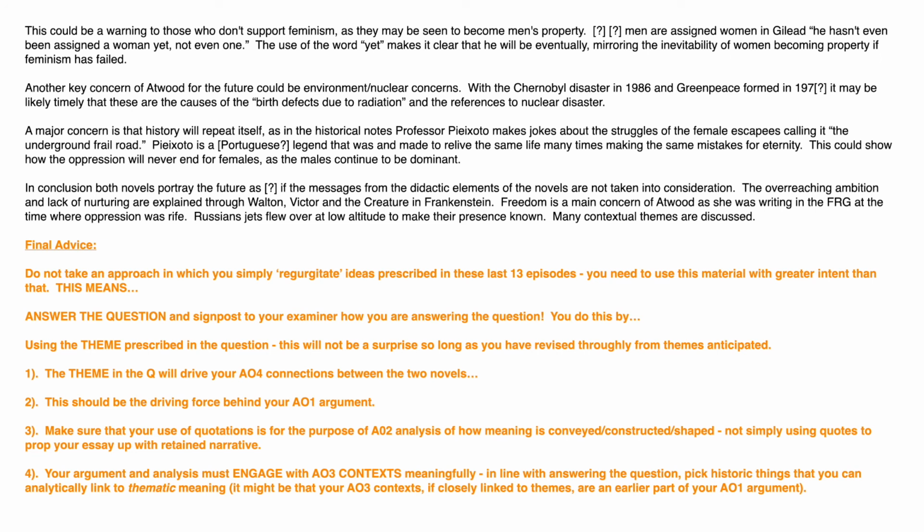In conclusion, both novels portray the future as something, if the messages, as perhaps the didactic elements of the novels are not taken into consideration, the overreaching ambition and lack of nurturing are explained through Walton, Victor and the creature in Frankenstein.